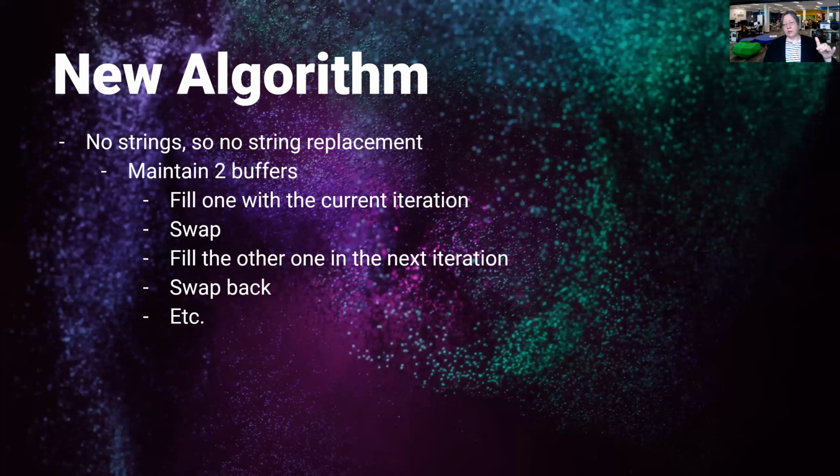I fill one with the current iteration, I fill the next one on the next iteration, and then I swap back. The array grows as the number of iterations grows, because for my particular application, it's a demonstration for students where they get to type in the number of iterations, so it's not set.